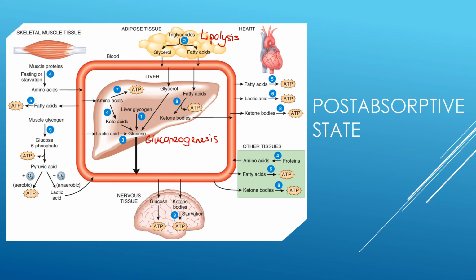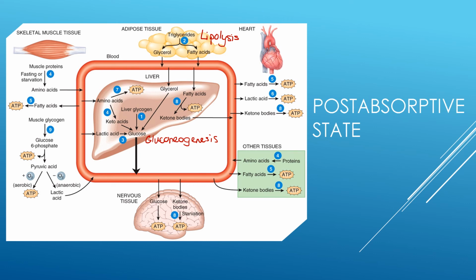Next, we have the oxidation of fatty acids as our number 5. So the fatty acids released by the lipolysis of triglycerides can't really be used for glucose production because acetyl-CoA can't be readily converted back to pyruvic acid.